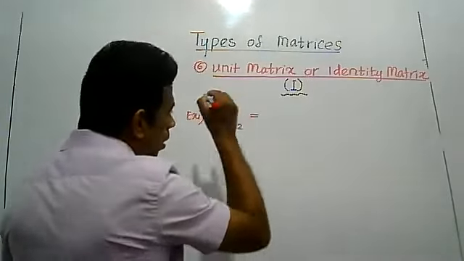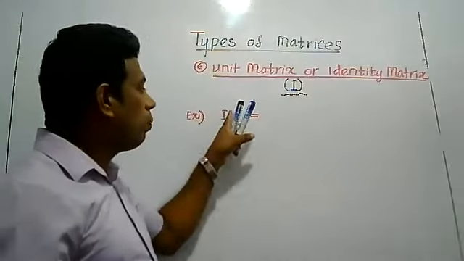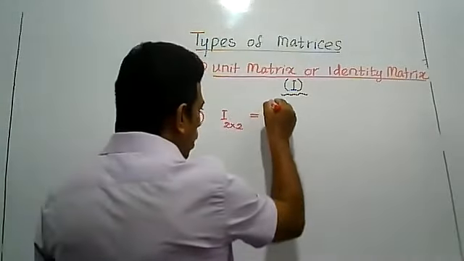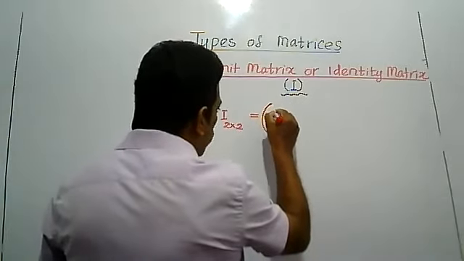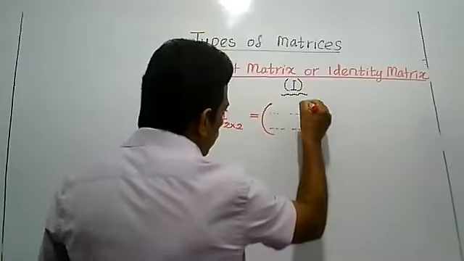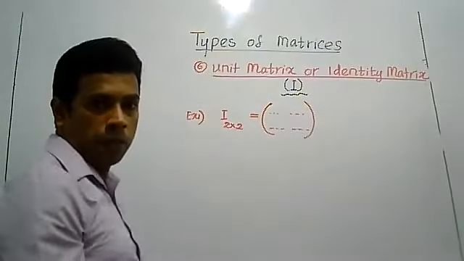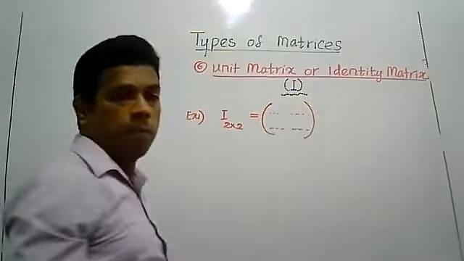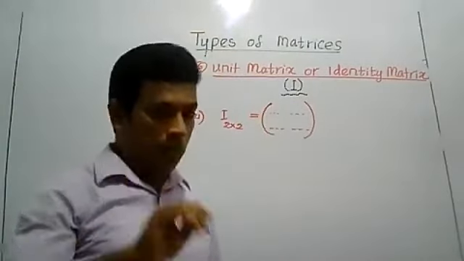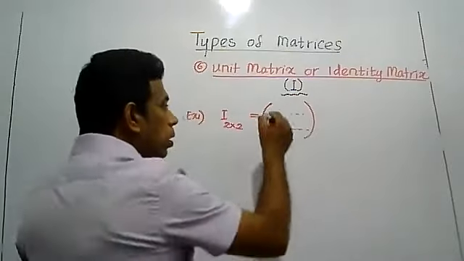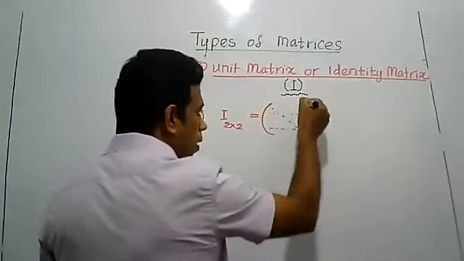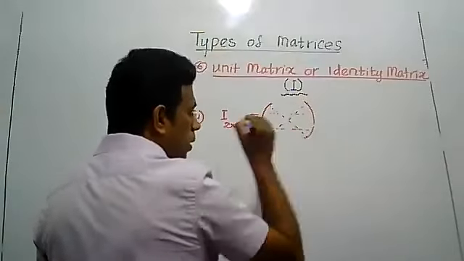An identity matrix of order 2 by 2 has 4 elements. There are 2 diagonals in the matrix. Here is one diagonal, and this one is the other diagonal.